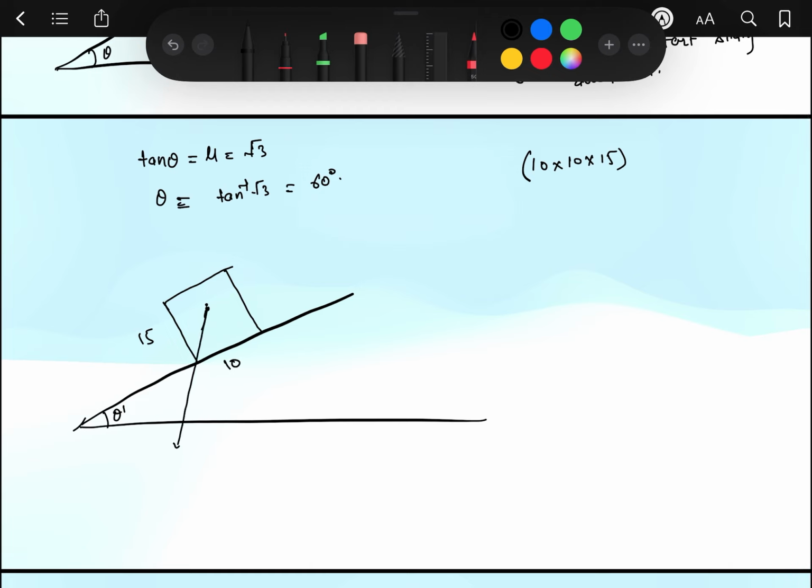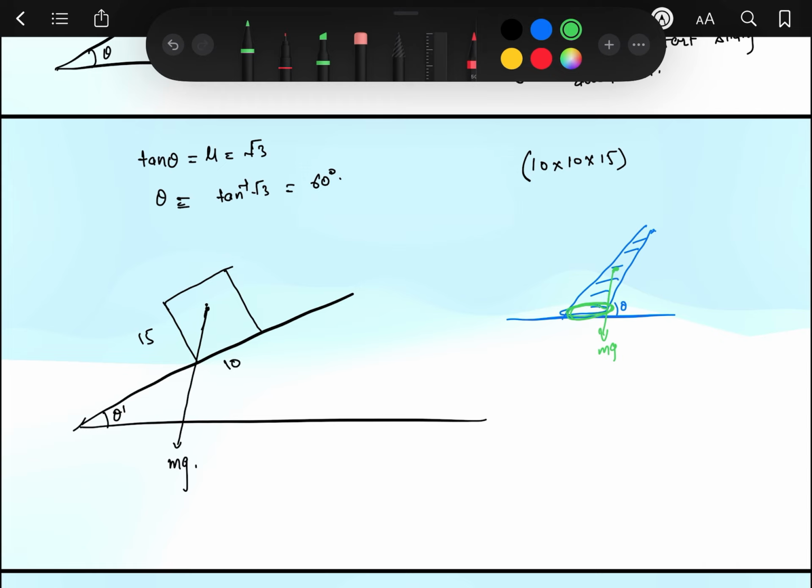Let us suppose this is the line of mg. Here let me tell you the condition of toppling for objects. If this is a surface and this is an object inclined like this at some angle theta, then what is the condition that this object will topple or not? Let us suppose this is the point of center of mass, and this line of mg is passing inside of this base surface.